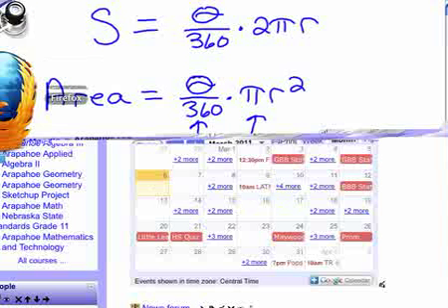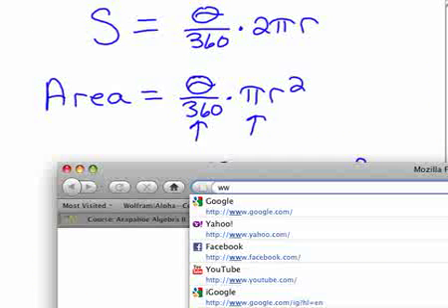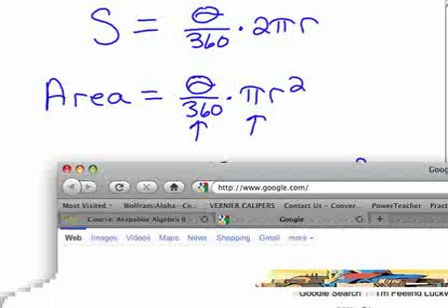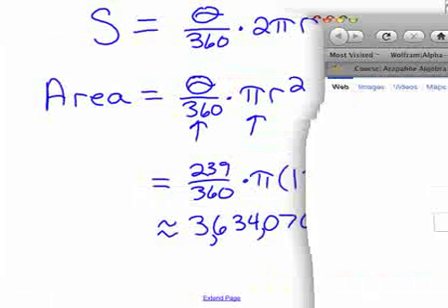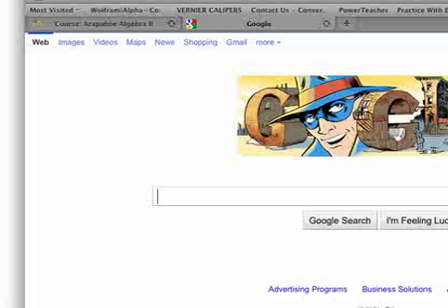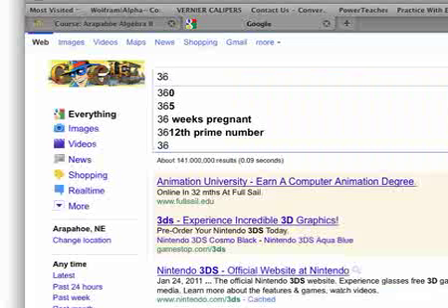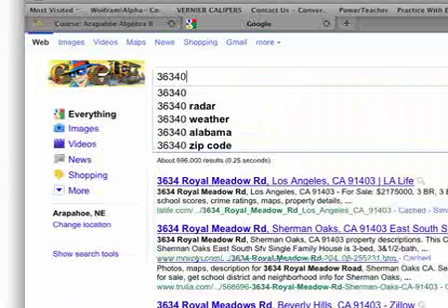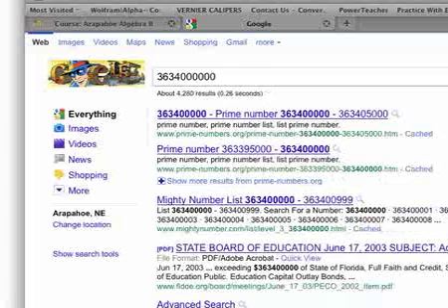Now we want to know acres. Square feet, that number doesn't make much sense. So I'm going to go to Google. And I use Google Earth, by the way, to get that picture. I'm just going to type in that number, 3,634,000 square feet, and I'm just going to round it. That's close enough.